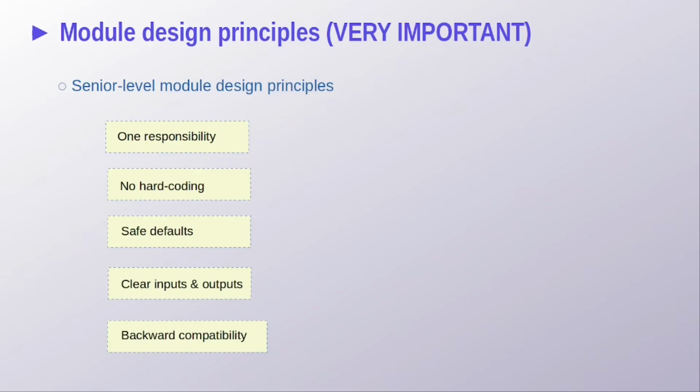Everything comes from variables. Principle 3: safer defaults. Safe, predictable behavior. Principle 4: clear input and output. Export only what is needed, nothing more. And principle 5: backward compatibility.